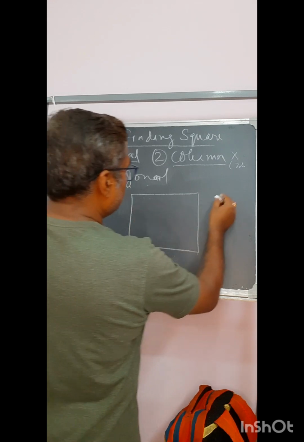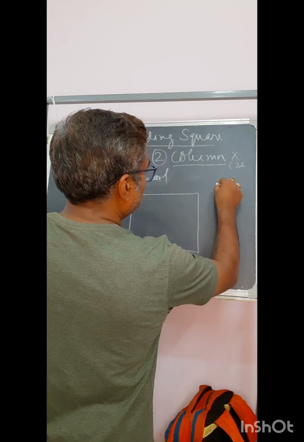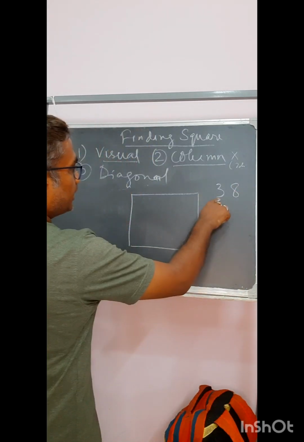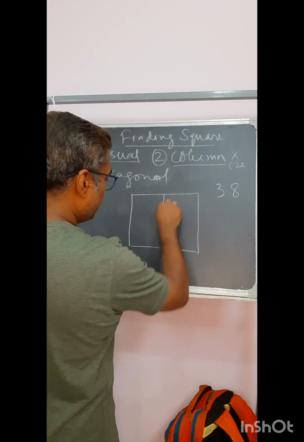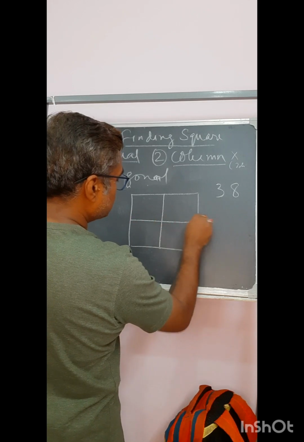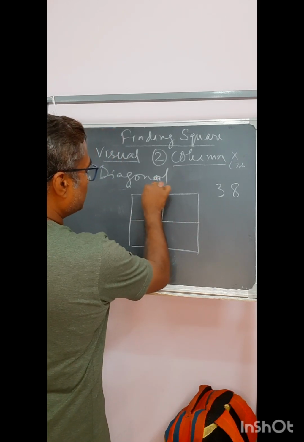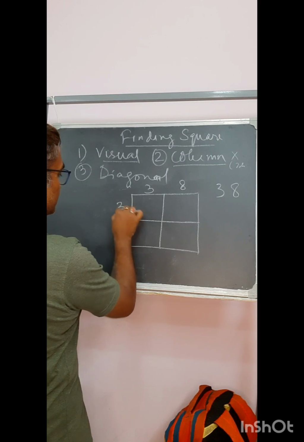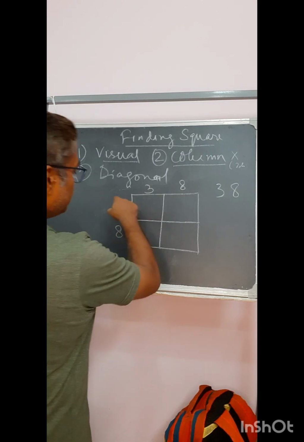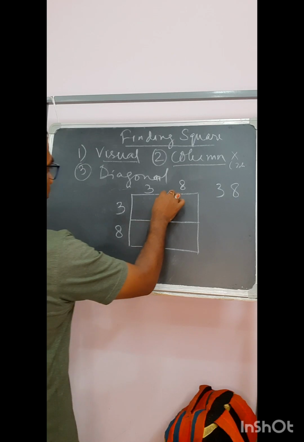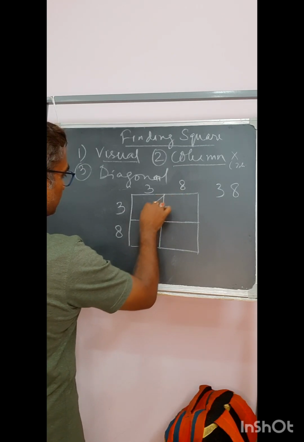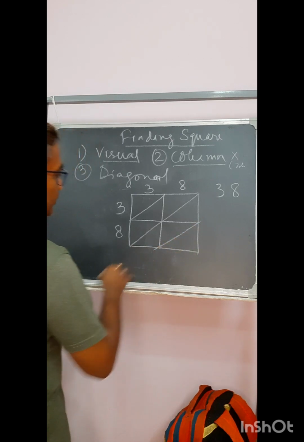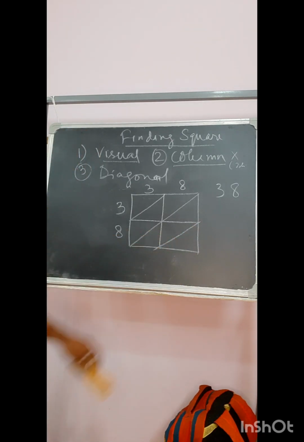Let's say I am squaring a two-digit number, let's say 38. Because this is two numbers, I will divide into 4 coordinates, where I will put one number in each coordinate. Similarly 38, 38. Now I will divide into diagonals in the same way as I am drawing.